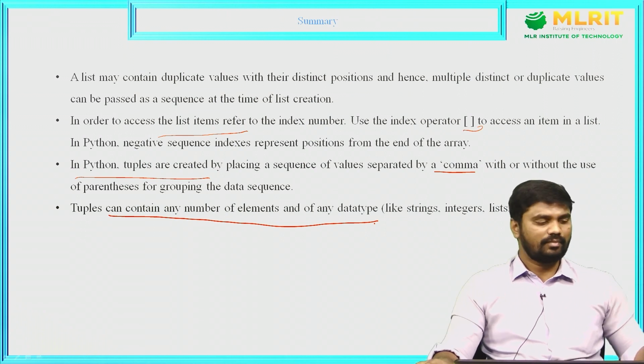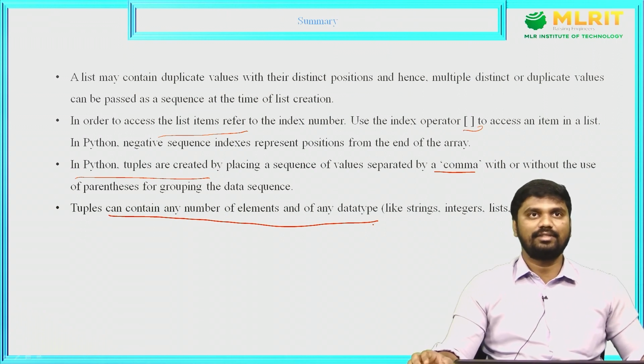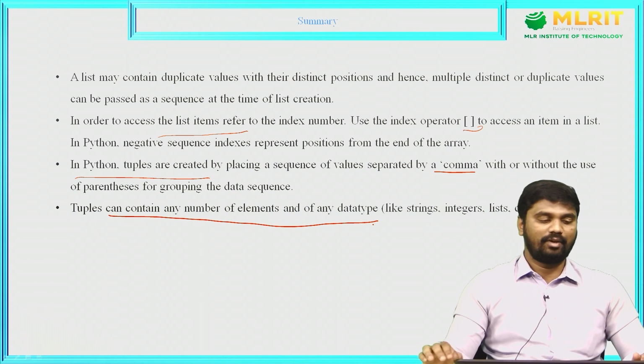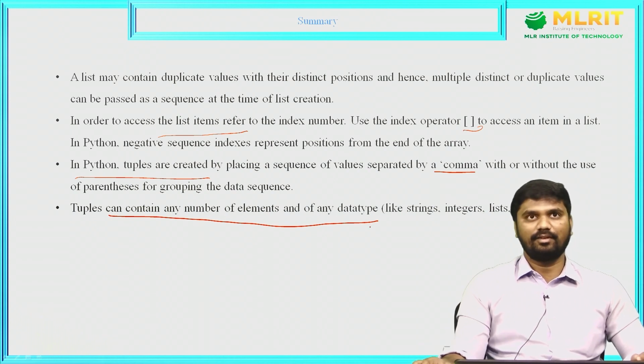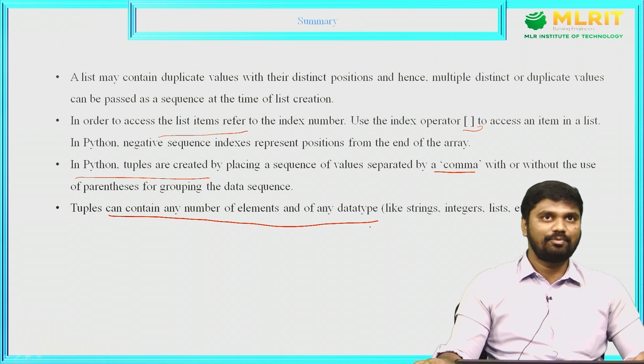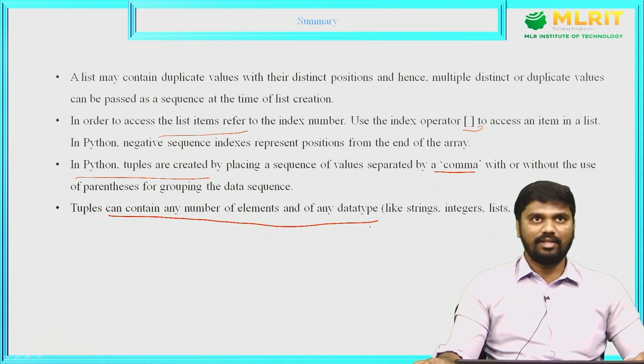Of course, there are a lot of functions in list and tuples, in the list data structure and tuple data structure. In the next video, we will discuss range data type, set data type, frozen set data type, and dictionary data type, which we can call mapping.